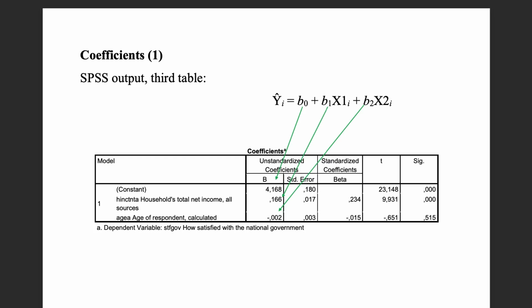How would we interpret the coefficient that we find for age of minus 0.002? Well, for every year older a person is, the predicted value on satisfaction with the national government decreases by 0.002 points, holding the effect of income on satisfaction with the national government constant.